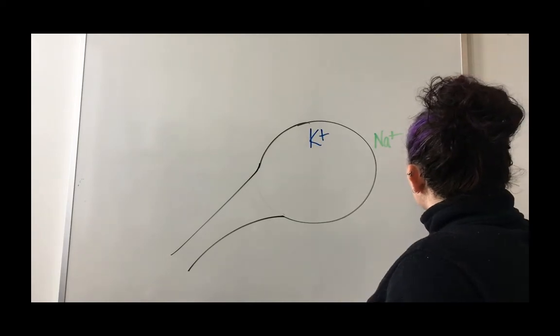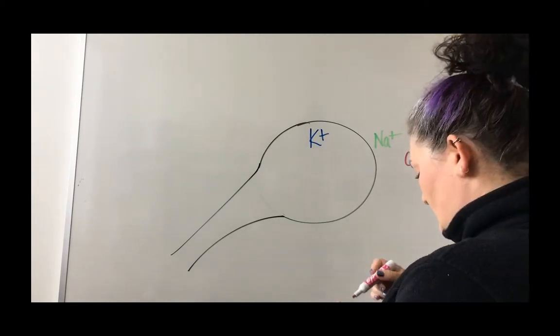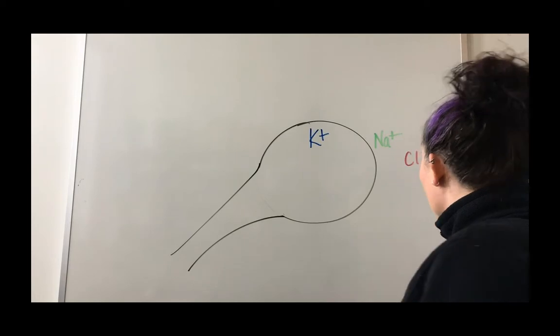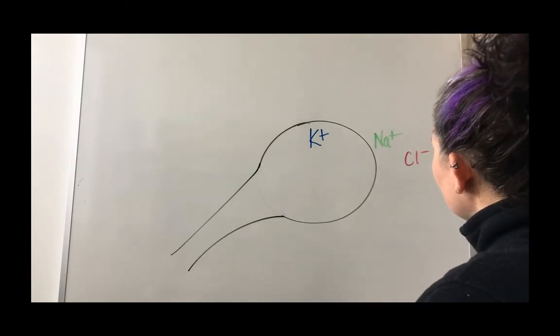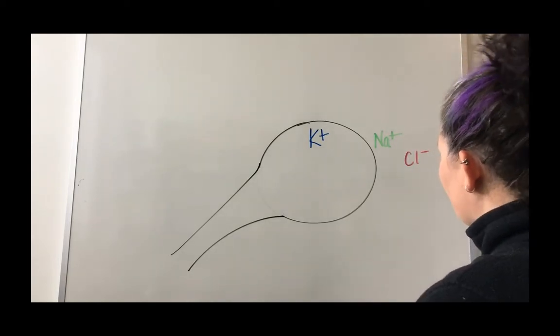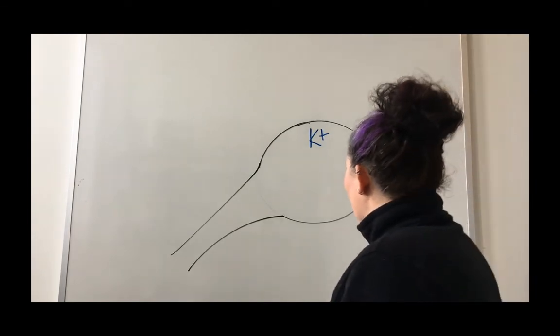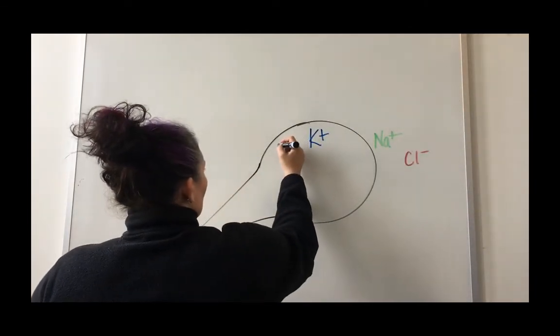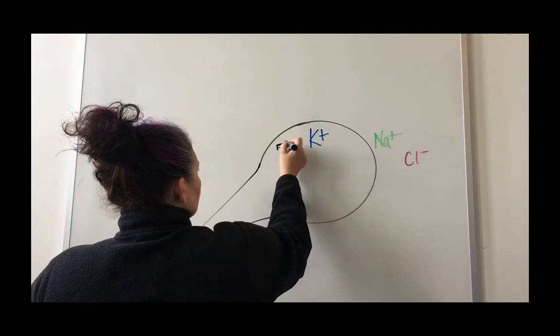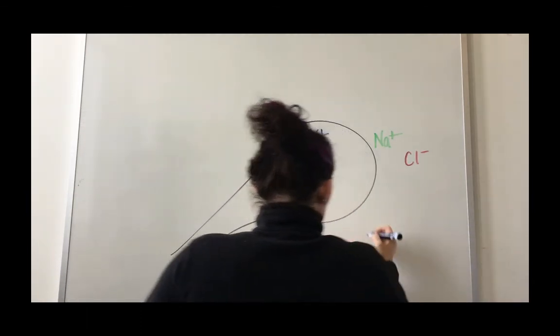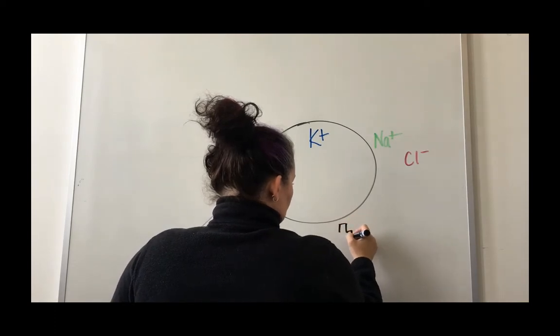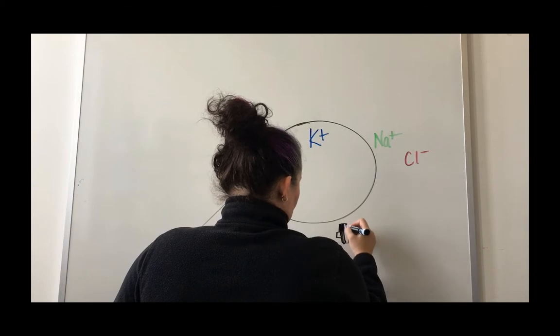Chloride always likes to hang out with sodium, so it's going to be in high concentration out there as well. And this is going to set up a situation where we're going to have a more negatively charged interior versus a more positively charged exterior.